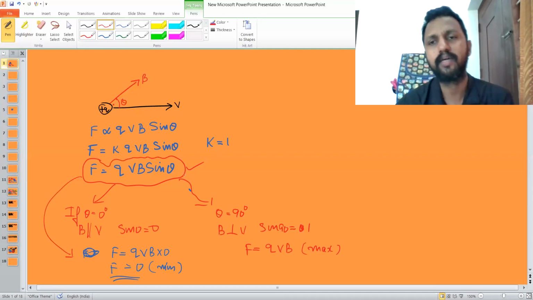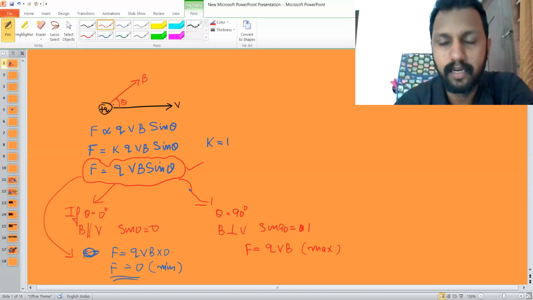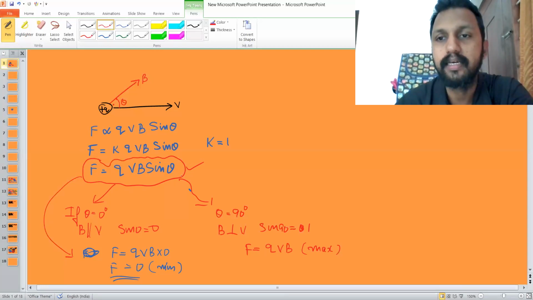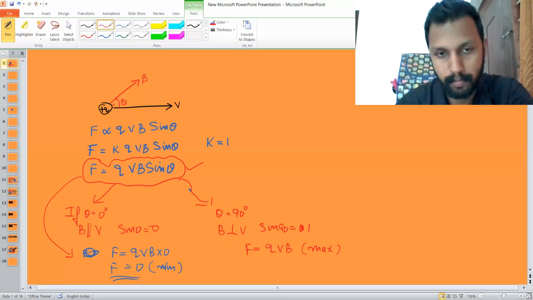This force is otherwise called the magnetic Lorentz force. This force, which is due to the external magnetic field, is called the magnetic Lorentz force. Remember this.